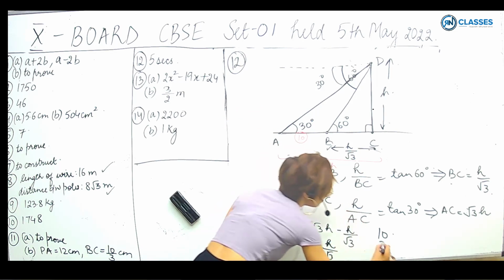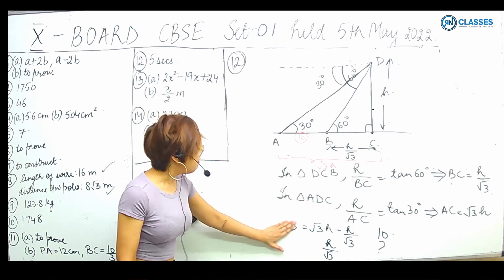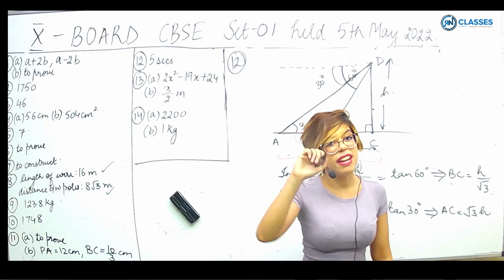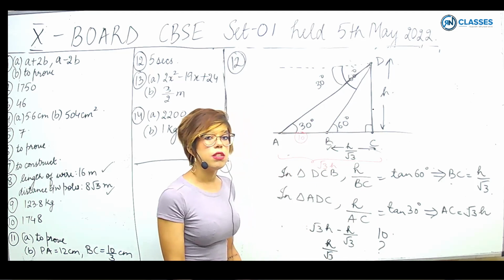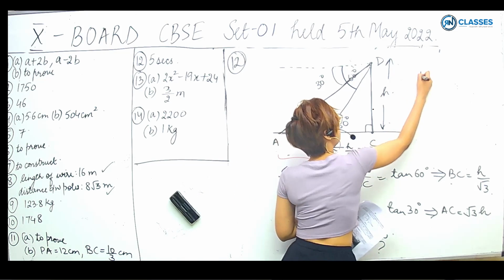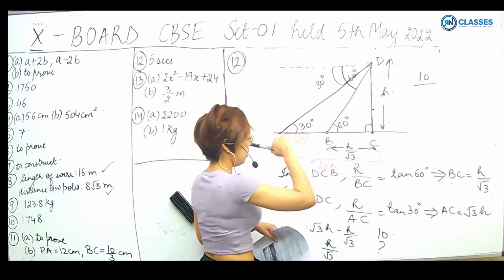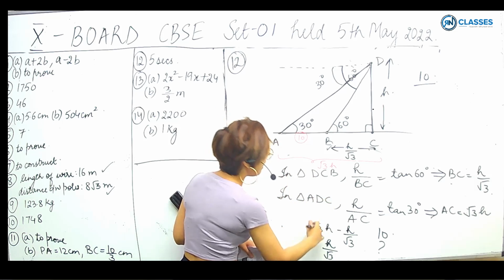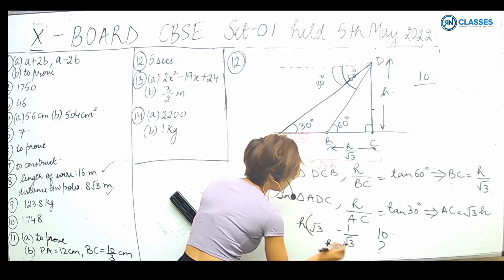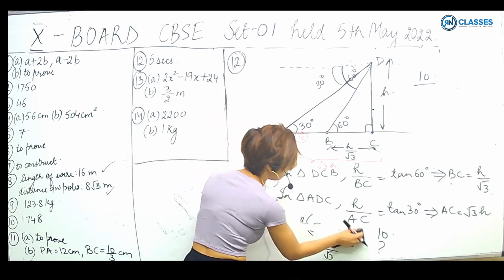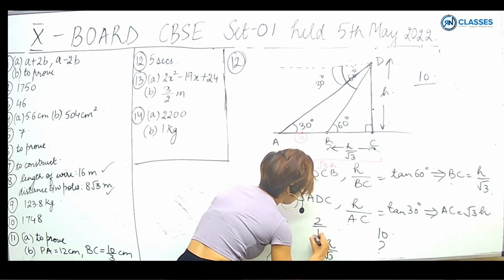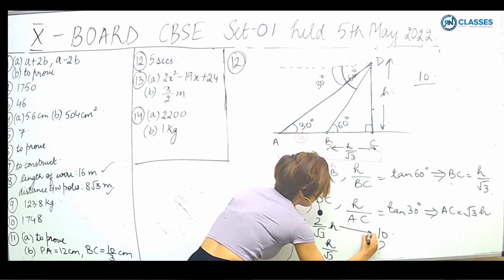How much time? Now, mind it, in class 8, we have done direct proportion. So, let's use it. I can take h common from here. So this is h into root 3 minus 1 by root 3, which is nothing but 2 by root 3. So let me rewrite it, 2 by root 3 h. It takes 10 seconds.